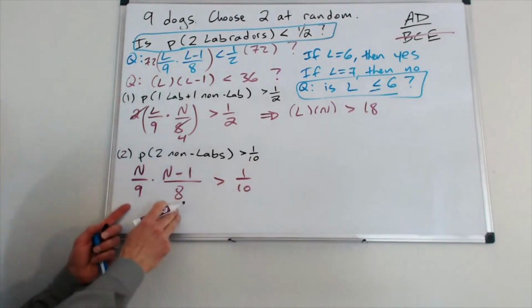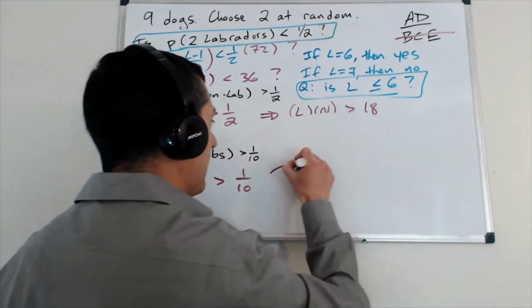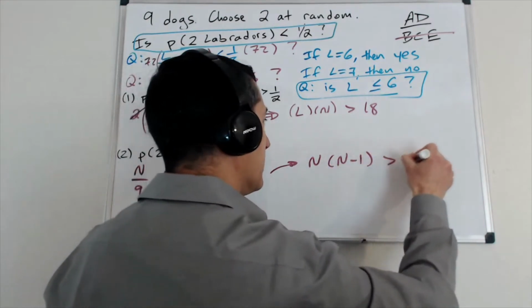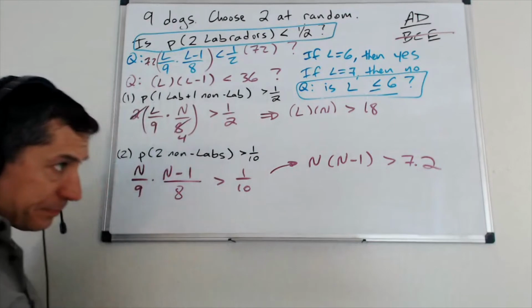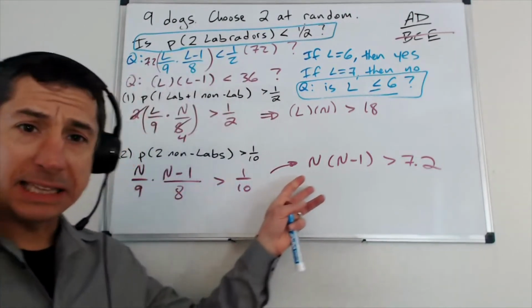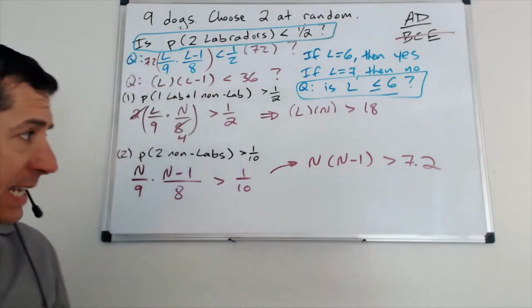Same sort of deal we did before. I'm going to multiply both sides by 72, 8 times 9. And that's going to give me this guy. n times n minus 1 is greater than 7.2. And again, we're back to that beautiful land of strategically picking numbers here, not blindly, but just trying to think through, can I get to a range of values for n?